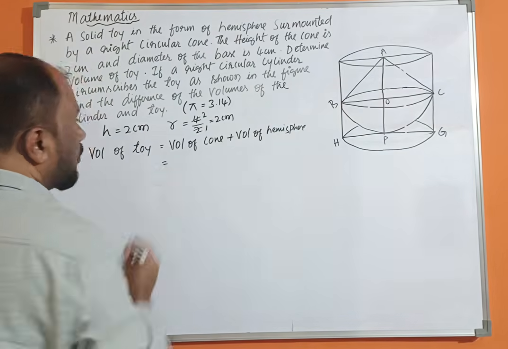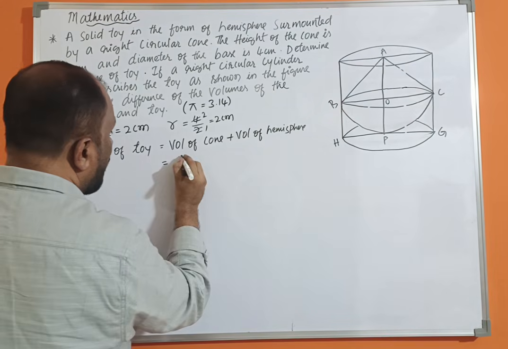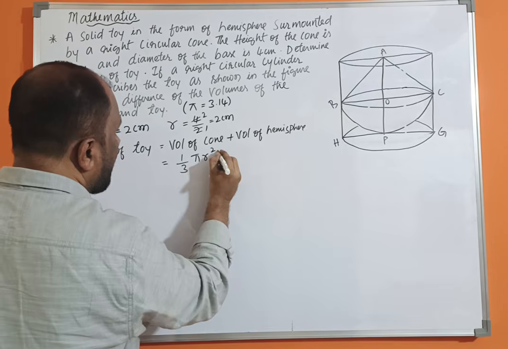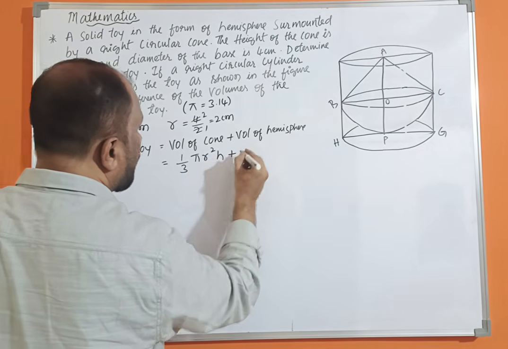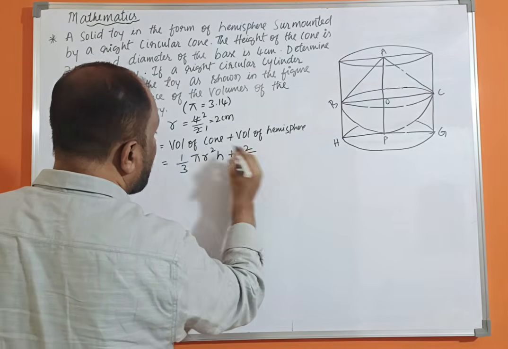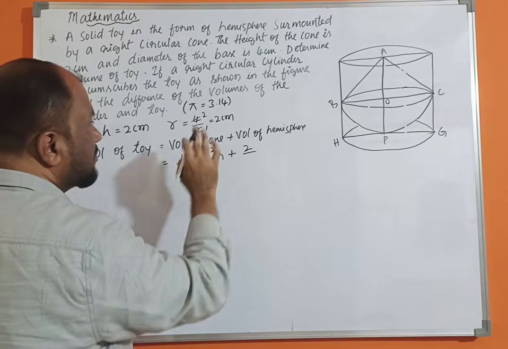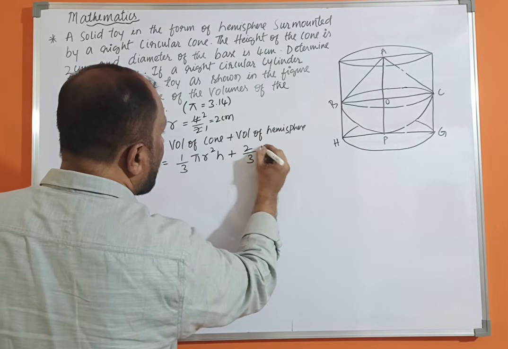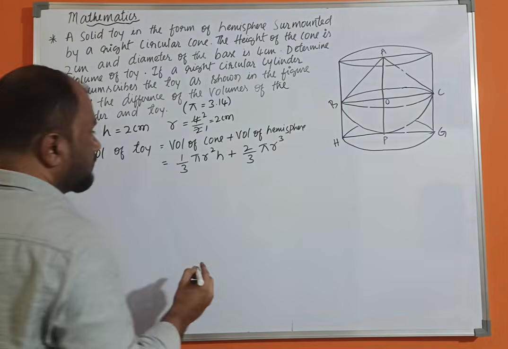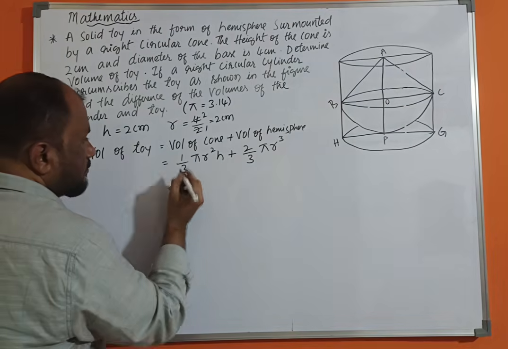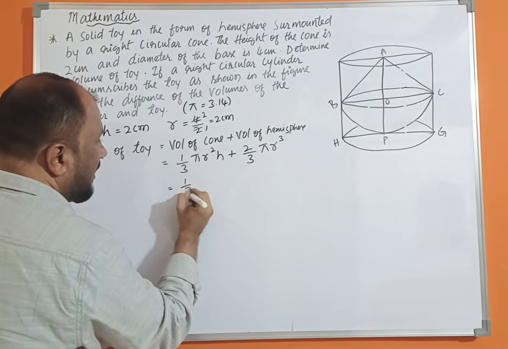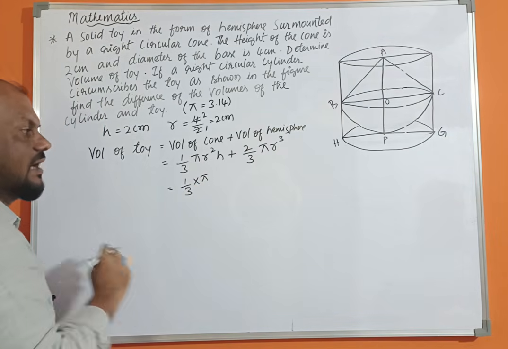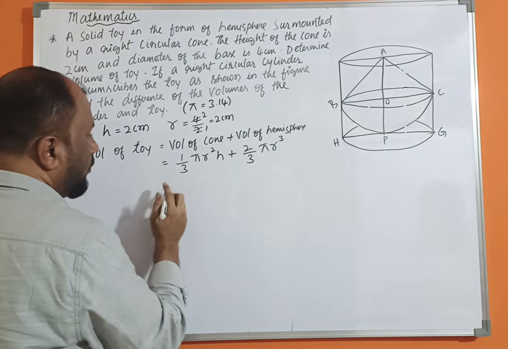So what is the volume of cone formula? 1 by 3 pi r square h, and the volume of hemisphere is 2 by 3 pi r cube. I'll keep pi as it is and in the last I'll simplify. Otherwise you can take some common and do it.